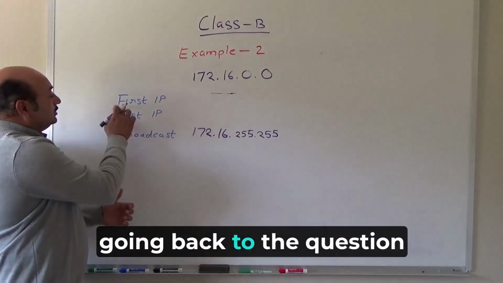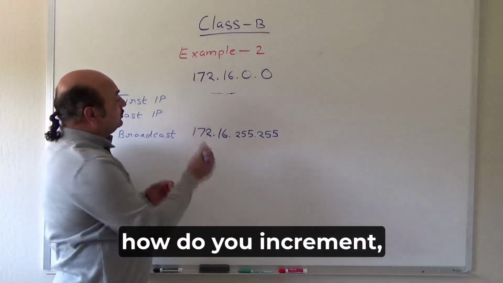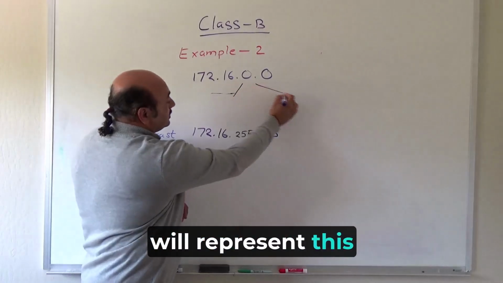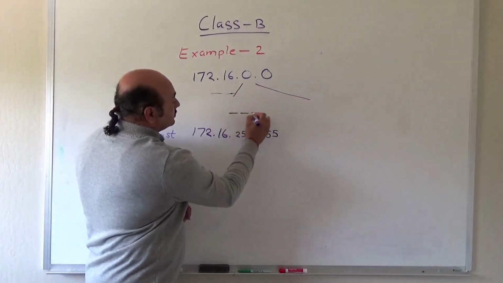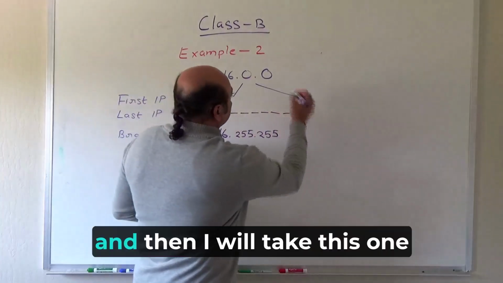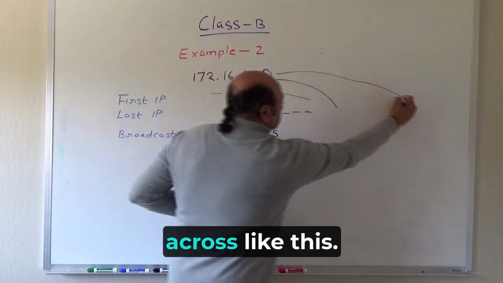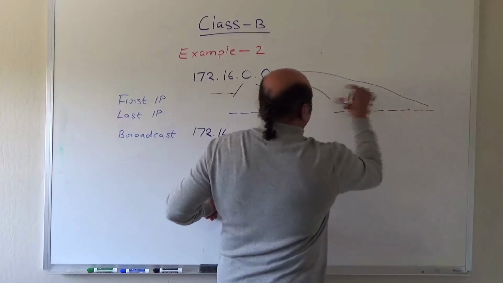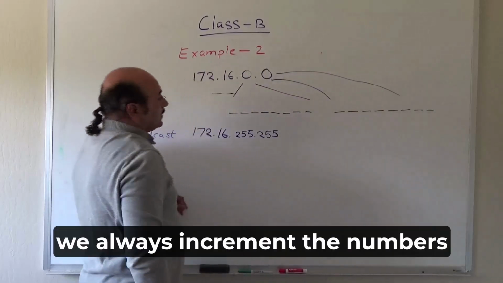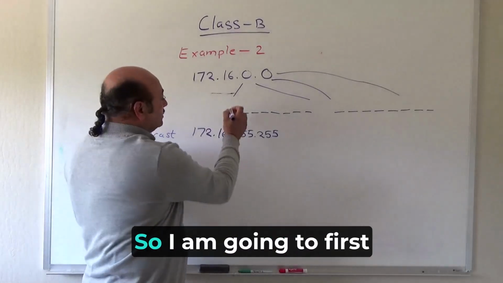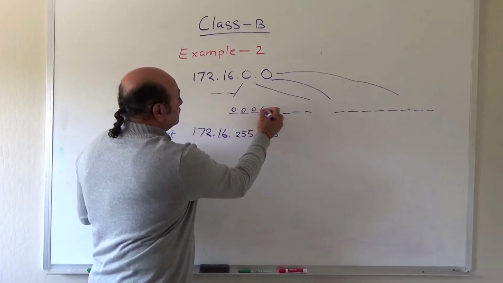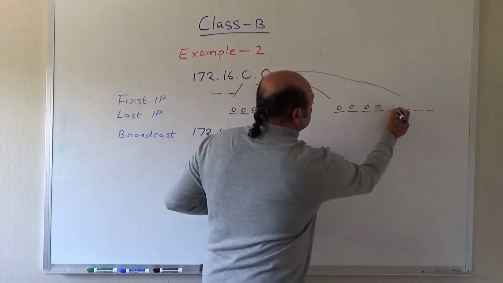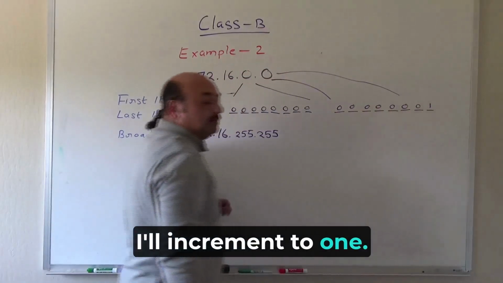Now going back to the question of the first IP address, how do you increment? You start from the right. So I will take this byte and represent it in 8 bits, and then I'll take this one and spread it across like this. So we always increment the numbers from the right. I'm going to first put this as zeros, and this one I'll increment to 1.